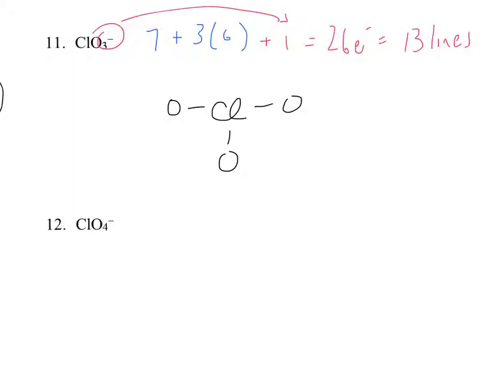So we've used 3 lines, 4, 5, 6, 7, 8, 9, 10, 11, 12, 13th. Don't forget to put the charge on the outside.